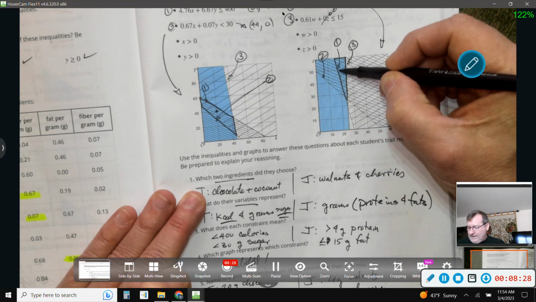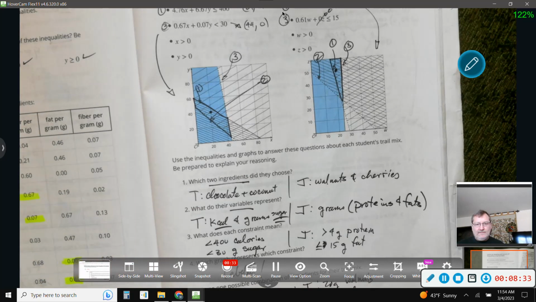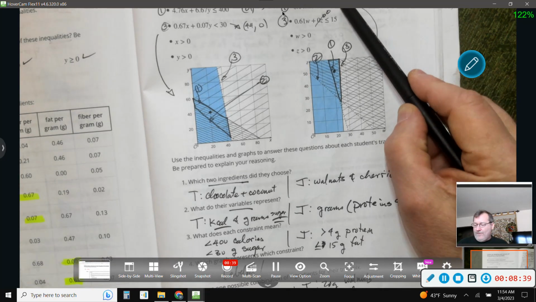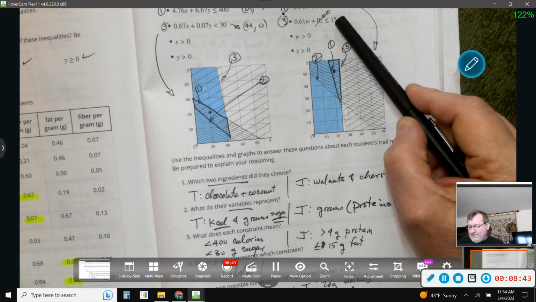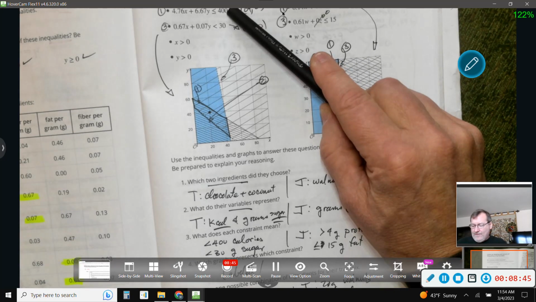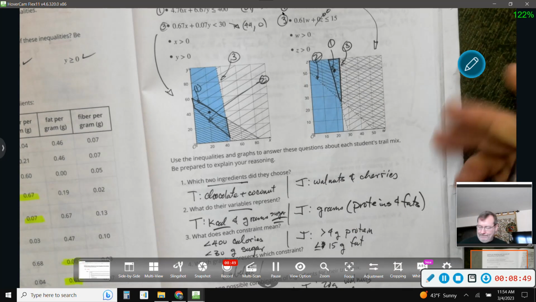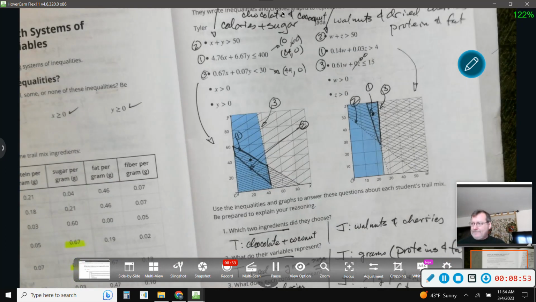So it's right about there. That's where I decided. You'll get more than your 50 grams of food, more than 4 grams of protein, less than 15 grams of fat, less than 400 calories, and less than 30 grams of sugar. That's how that cookie crumbled, so to speak.